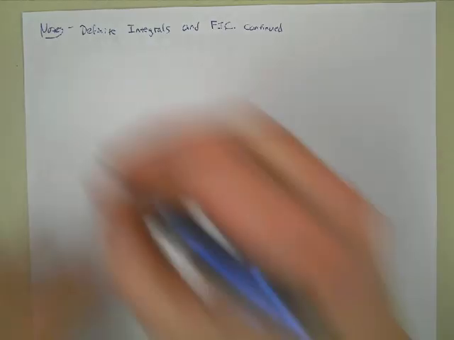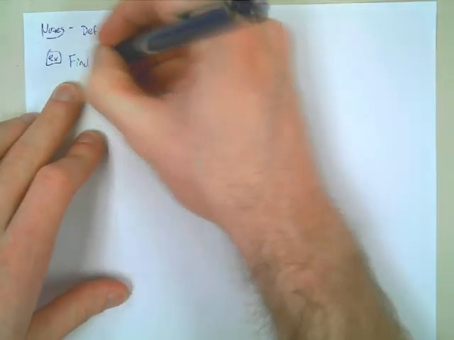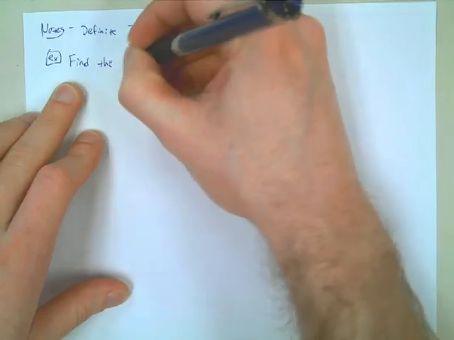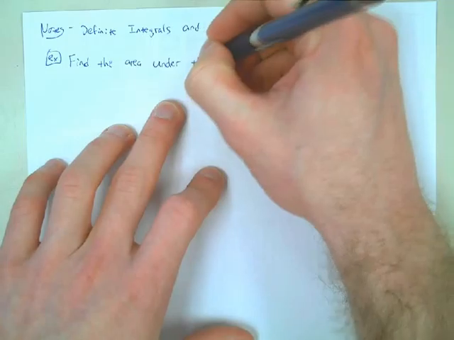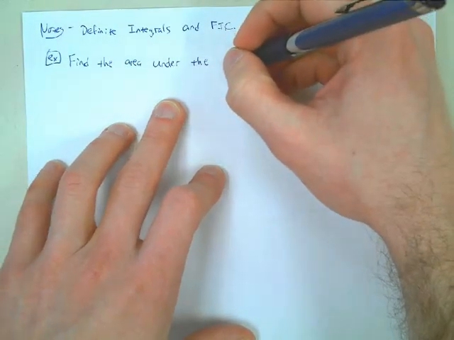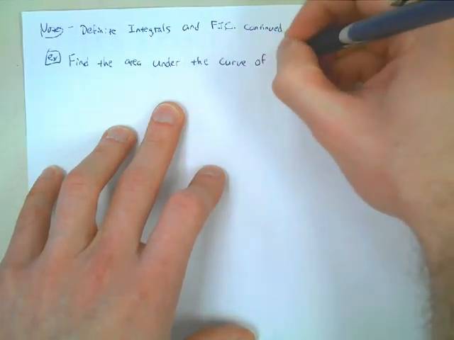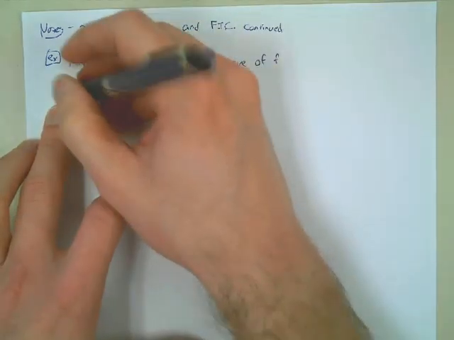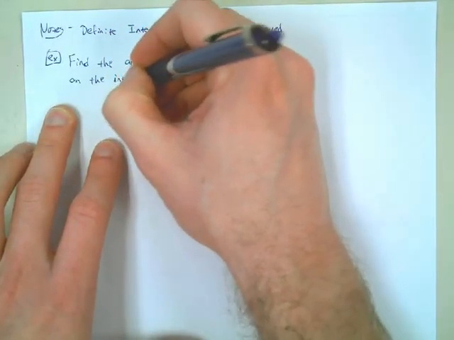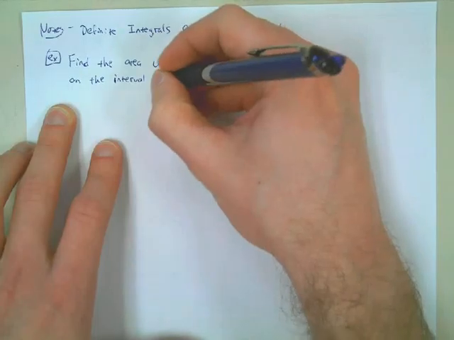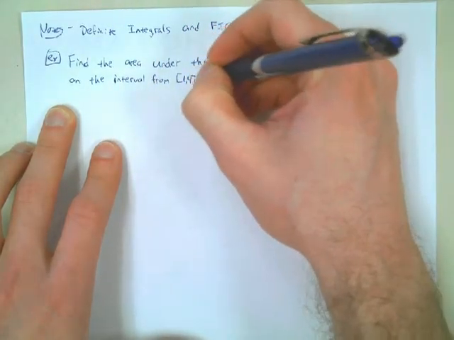So, definite integrals, all right? Let's just jump right in here. Nothing really new. So let's find the area under the curve of f on the interval (1 to 4), closed interval from 1 to 4.